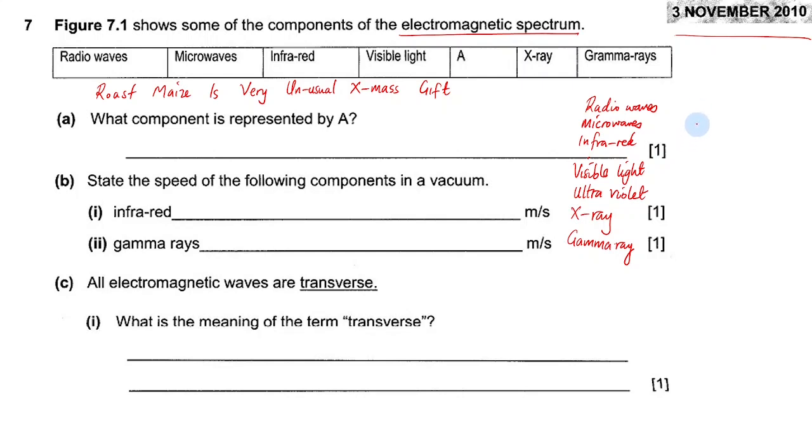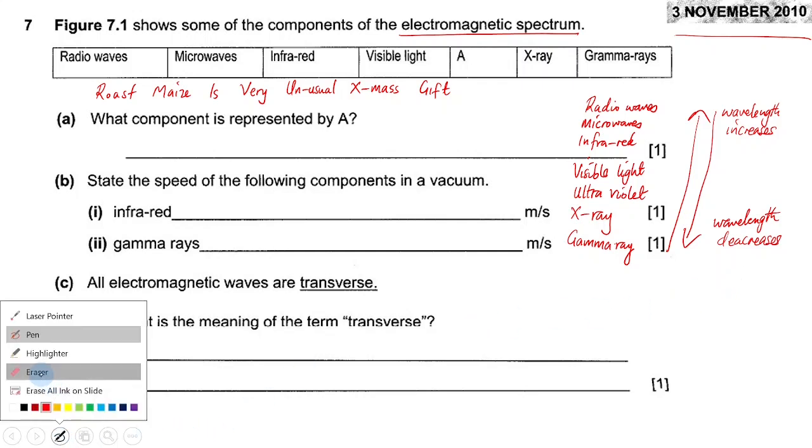So when you have such an order like this, you must know that going from down to up, wavelength increases. So here we have wavelength increases. But if you are going in this way, wavelength decreases.